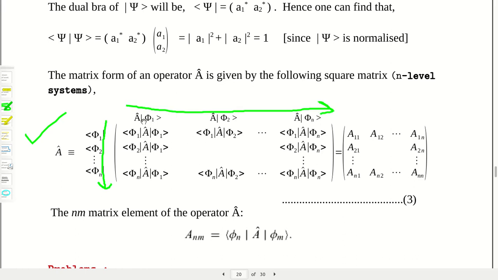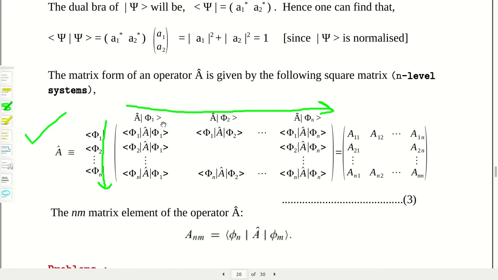Okay, so there are ket phi 1, ket phi 2, ket phi n, but look here, those kets are not merely like the bras, they are operated on by an operator A. An operator operating on a ket will produce a ket.